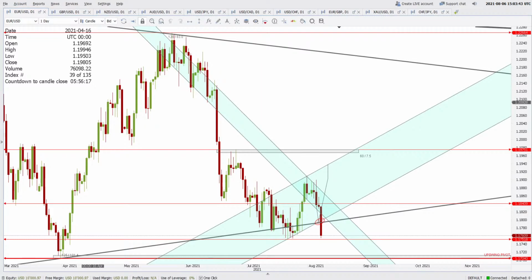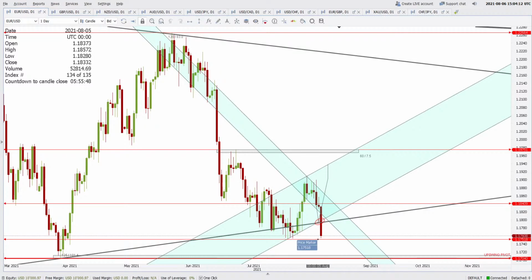So we'll be starting with the euro dollar. If you remember, yesterday we talked about how fundamentals move the market, but technical levels stop the market. I don't know the reason why the euro is falling against the US dollar, but it fell through this rising channel support line, this weekly uptrend line, and is now stopping almost at the previous lows near the 1.1751 region.